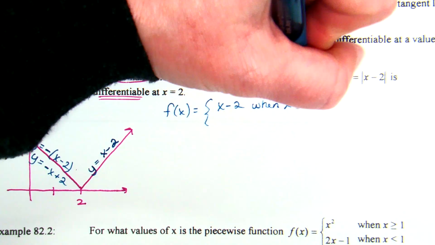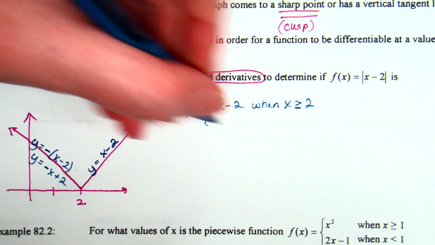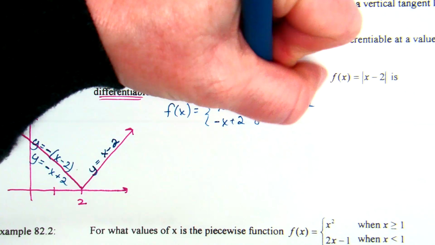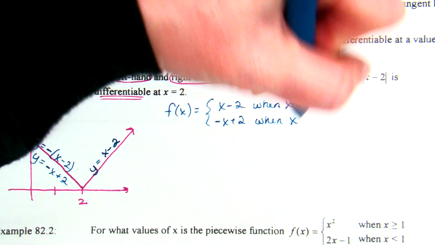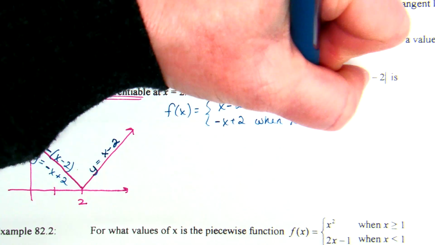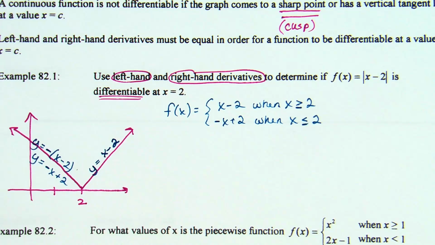Technically you can. And the other side of my line was negative x plus 2, and when is that? When x is less than 2. And officially we could say less than or equal to. Okay, so use left-hand and right-hand derivatives to determine if this is differentiable.